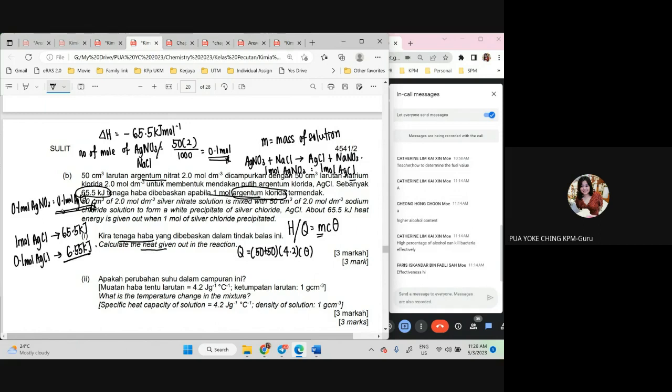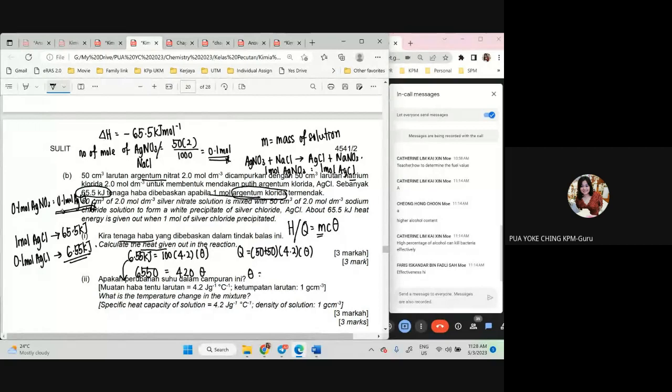So this is also actually here lah. So 6.55 kJ equal to 100 multiplied 4.2 multiplied theta. Tapi actually dia tak nak theta pun, theta ada di bawah. So I already do this one. Sampai sini 6.55, you got 3 marks. So 6550 equal to 420 theta.